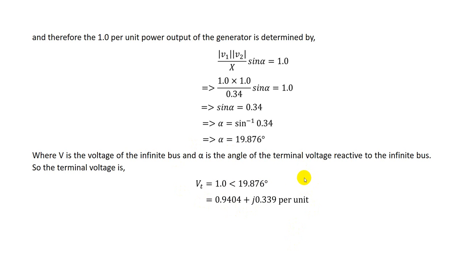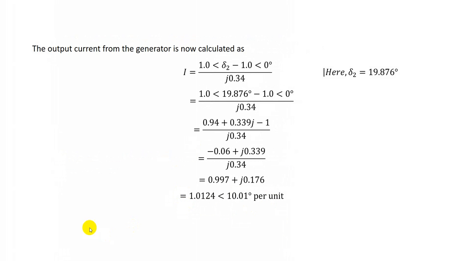Here I get this equation by using this system, and the output current from the generator is now calculated from this circuit. I get the basic equation from this circuit for finding the output current of the generator.